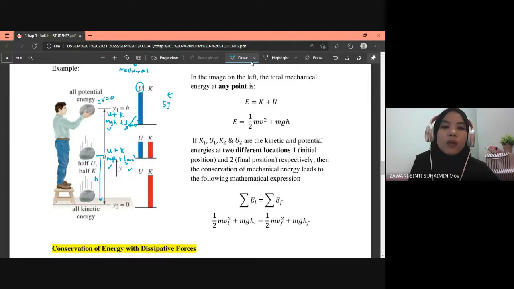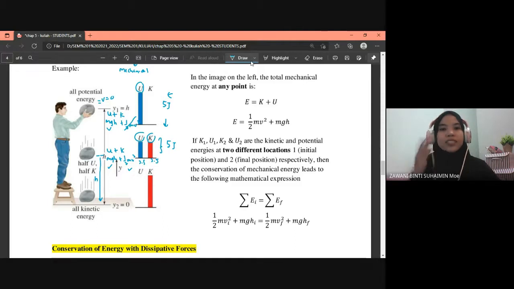So bar graph dari segi energinya, kita boleh kaji bahawa dekat tengah-tengah tu kita akan ada potential energy dan juga kinetic energy. Maksudnya 5 joule tadi akan bahagi kepada 2, so mungkin 2.5 dekat gravitational potential energy, lagi 2.5 dekat kinetic energy. Tapi secara keseluruhannya dia still ada 5 joule.